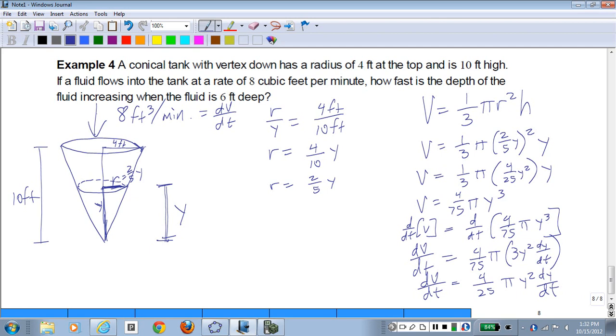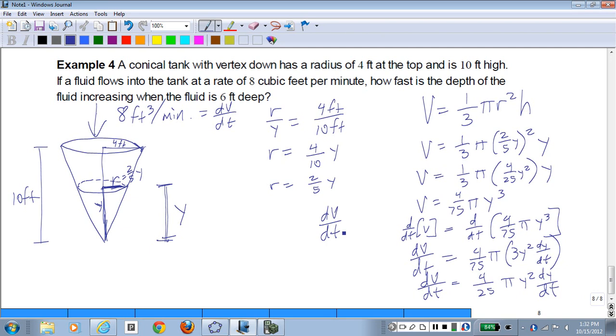And we want to know how fast is y changing when we know everything else. When we know y equals 6 feet, when we know dV/dt equals 8 cubic feet per minute, we want to know how fast is y changing. So I'm going to solve it for dy/dt.